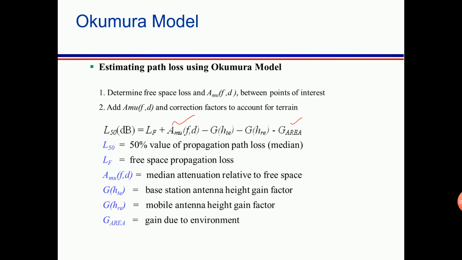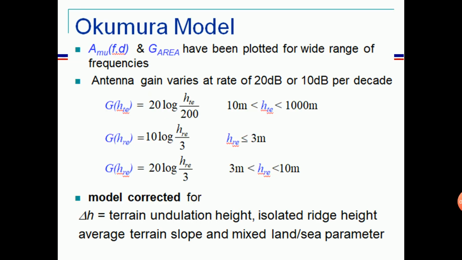This A_mu is called the median attenuation relative to free space, and G_area is a correction factor to account for the terrain. So this attenuation and the G_area have been plotted for a wide range of frequencies.